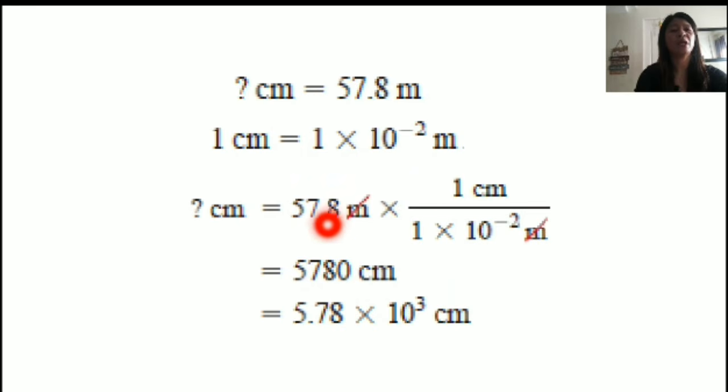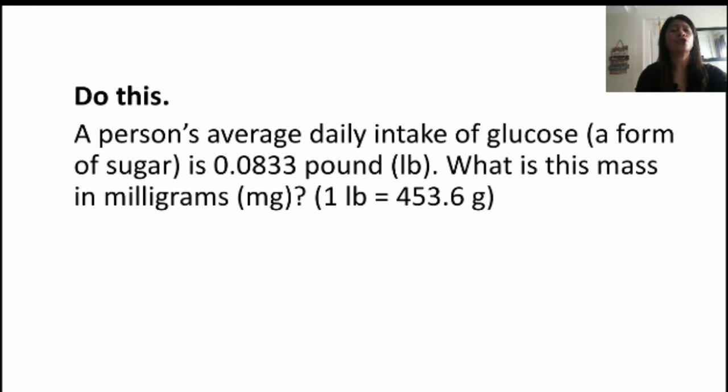So in doing the operation, you do division. 57.8 divided by 1 times 10 raised to negative 2, or simply 0.01. That will give you an initial answer of 5,780 centimeter. That in scientific notation is 5.78 times 10 raised to 3 centimeter. So that's how you do conversion.